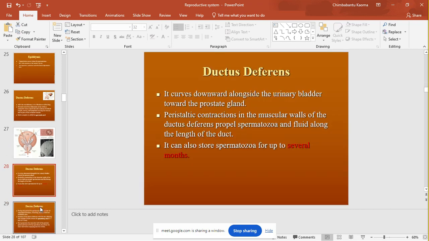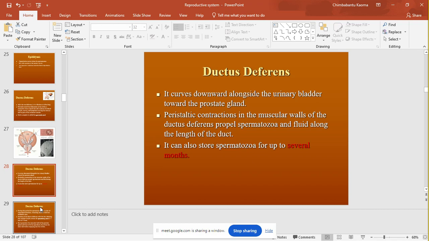Okay, so I think we've already said this. The ductus deferens itself is made up of a smooth muscular wall, and like all other tubular structures made up of smooth muscle, it undergoes peristalsis. I'm sure you are familiar with peristalsis from the GIT and from the ureters. Oh, we haven't discussed the urinary system.